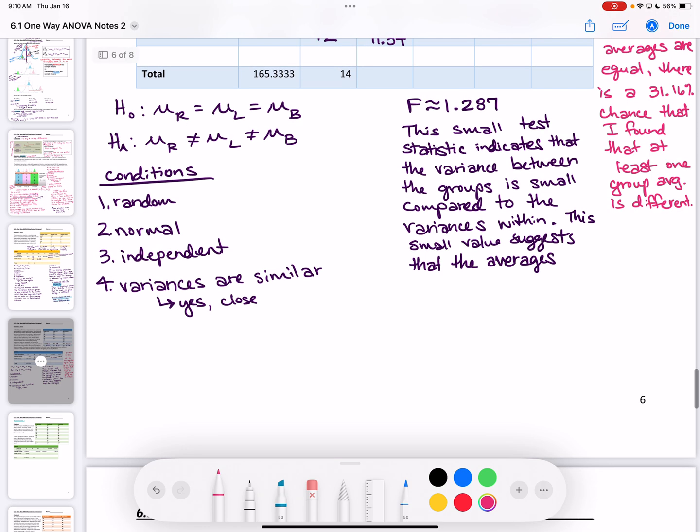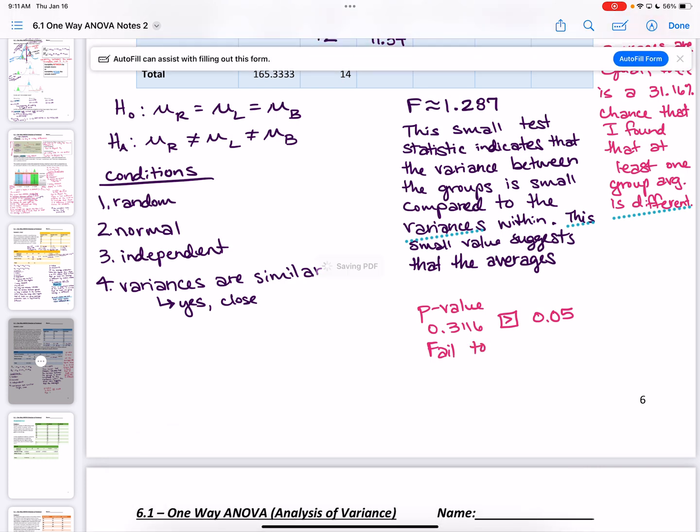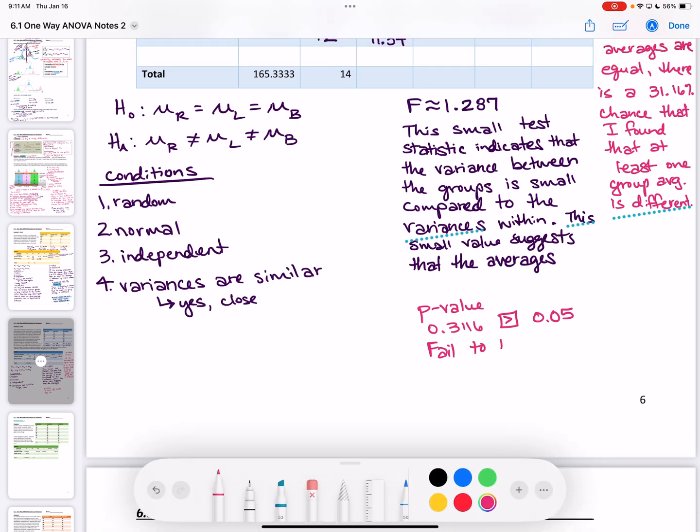Okay? So now let's compare our p-value to our alpha. 0.3116 compared to 0.05 is greater than. So if the p is high, let it fly, right? So fail to reject the null, which means there is or is not. It's not.